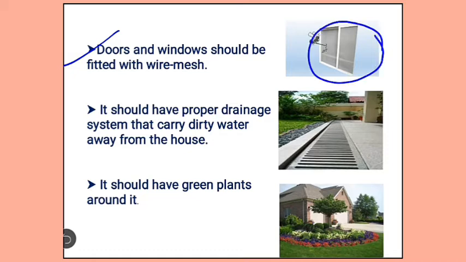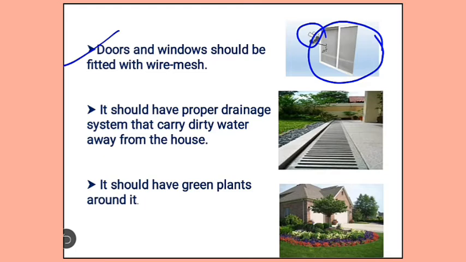It is a net made up of thin wires. And what is the advantage of using wire mesh? It will allow the entry of sunlight and air only, and it will stop the entry of harmful insects like mosquitoes and flies, which can make us fall sick.